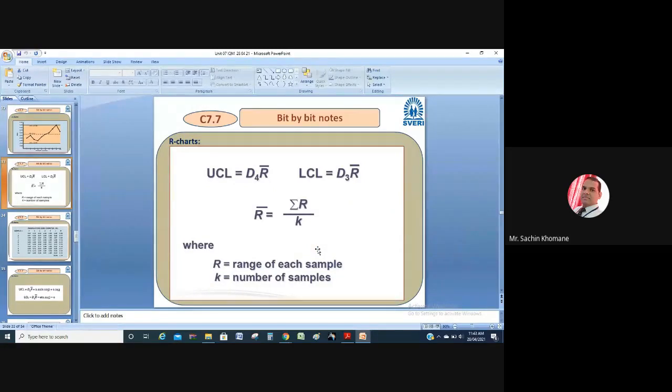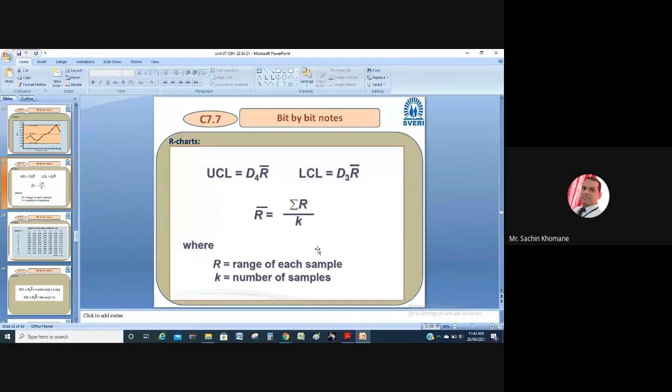We have seen the theoretical part of the R chart yesterday. So how to calculate UCL in the R chart? UCL and LCL are important here, and R bar is obviously the central line, so summation of R divided by K. Recently we have seen this for the X chart, sorry. So R bar, the central line, is the same thing for the R chart also.